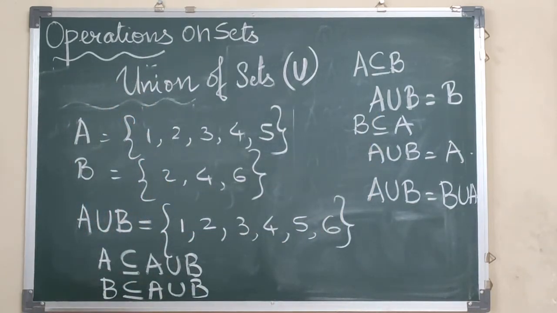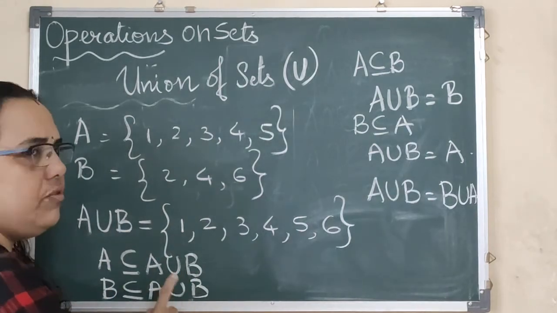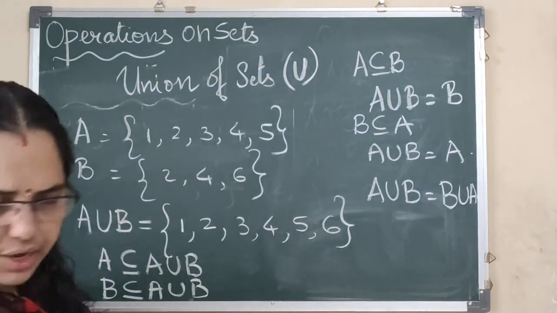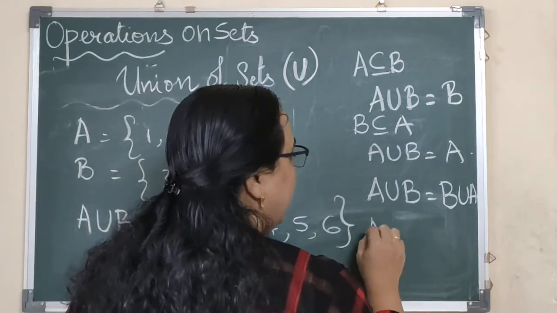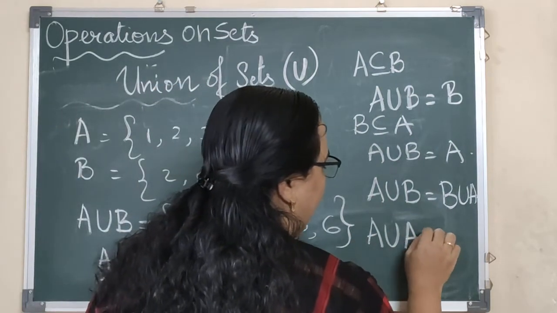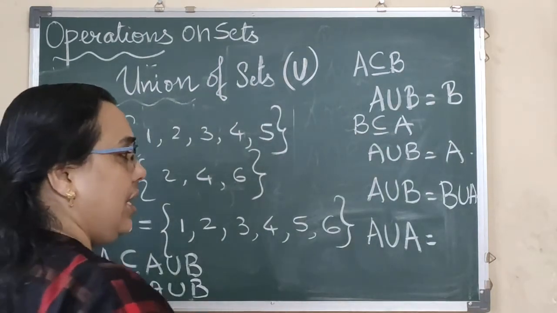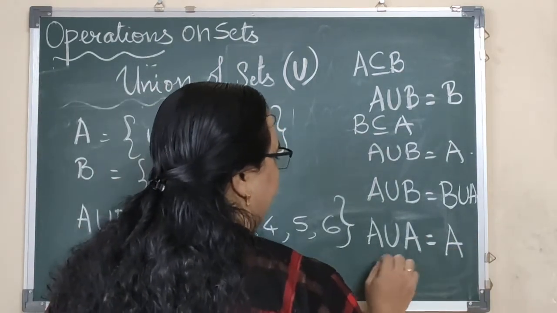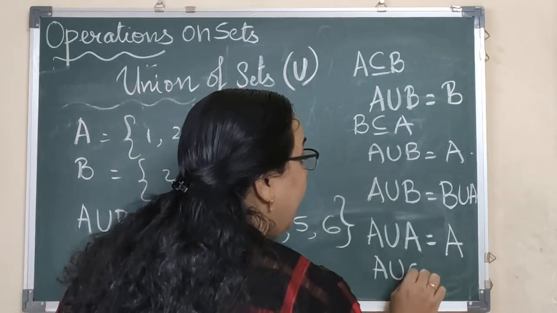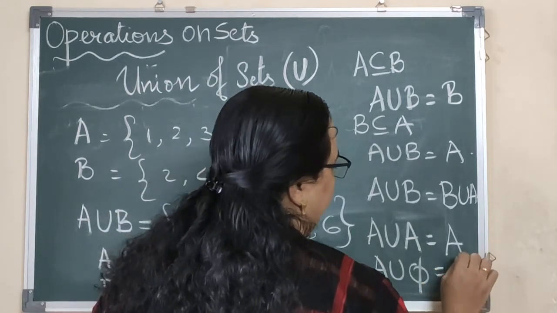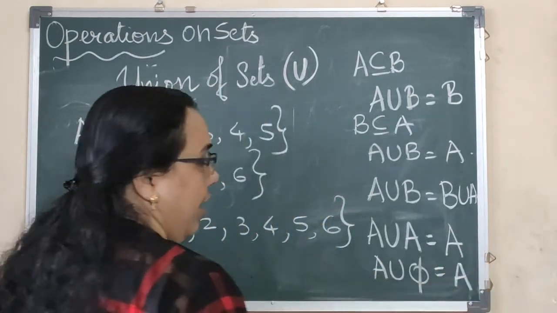Yeah, might be the order is not the same. A is a subset of A union B, B is a subset of A union B. Then what we are left with is, what is A union A? Nothing but similarly A itself. What is A union empty? It is again A, the bigger set.